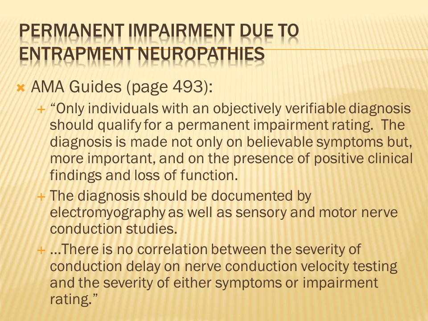That's a strong objective finding. Atrophy of the abductor hallucis muscle due to a lesion of the medial plantar nerve is also a strong objective finding. And so in order to qualify for permanent impairment, there need to be strong objective findings.